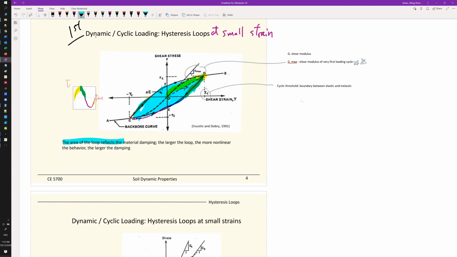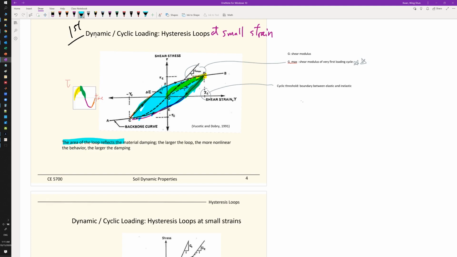And for soils, if it's a soft soil, for example a very soft clay, you can imagine it can absorb a lot more energy than a very dense or stiff sand, because the soft clay is just like a cushion. You can take on the energy and absorb it, but the stiff sand behaves very rigidly. It's like you pound on a hard surface, and you feel the action and reaction right away.